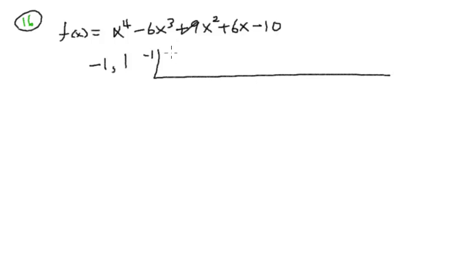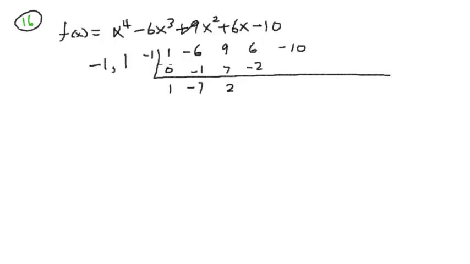We're going to take a -1, and the coefficients 1, 0, -6, 9, 6, and -10. So that's going to be 1, -1, -7, 7, 2, -2.